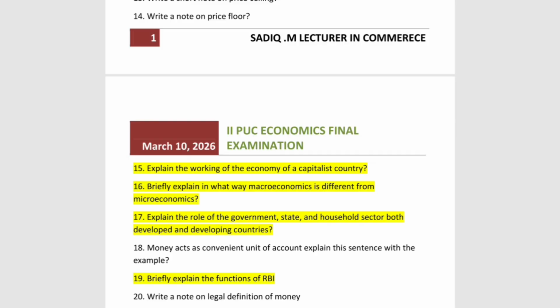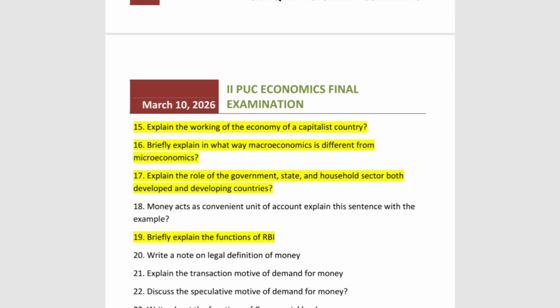Next important question from that chapter is: explain the role of government, state and household sector in both developed and developing countries. So these 3 are important questions from macroeconomics unit number 1.